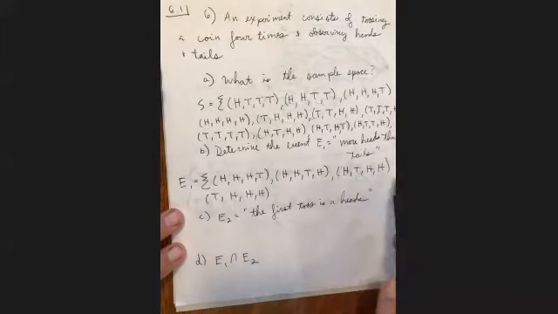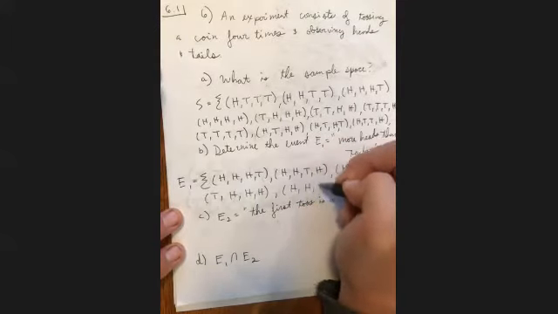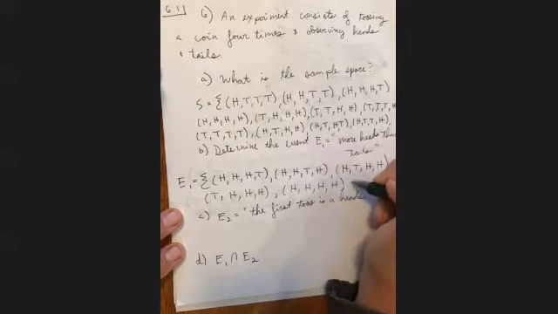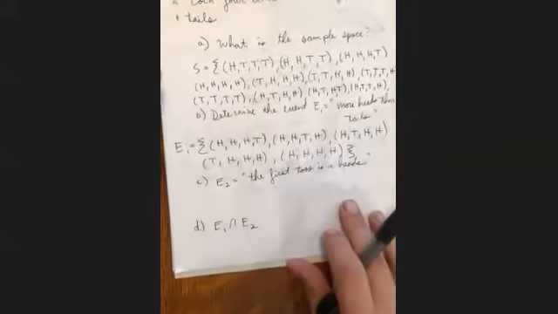And that should be all the ways that we can have 3 heads and 1 tail. And then of course there is one last option, which is all heads, because we definitely have more heads than tails if we flip all heads. Okay, so that would be event 1.